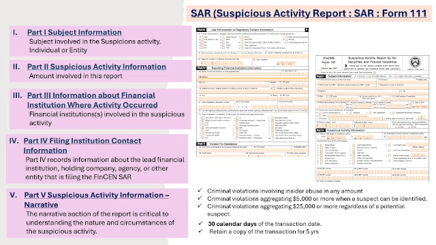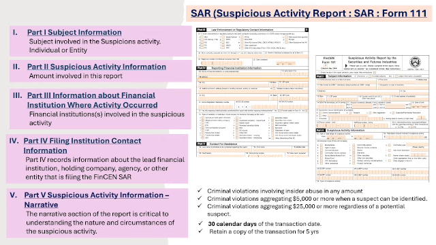The SAR form, which is Form 111, has 5 sections. Part 1 is the subject involved in the suspicious activity. Part 2 is the suspicious activity information, the amount involved in this report. Part 3 is the financial institution involved in the suspicious activity.